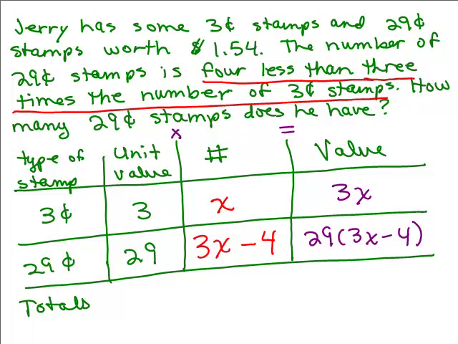And do we know the total value of all the stamps? Yes, it's up here, $1.54. We did everything in cents though, so we have to write that as 154.